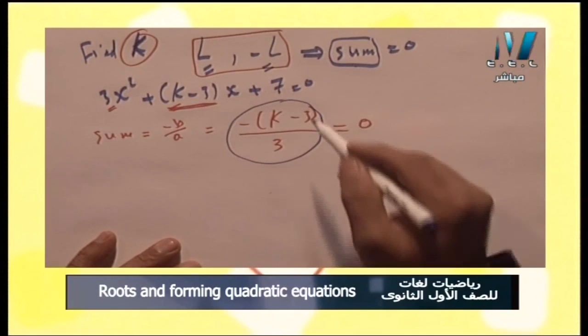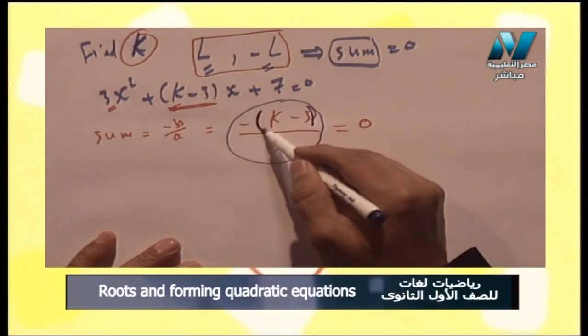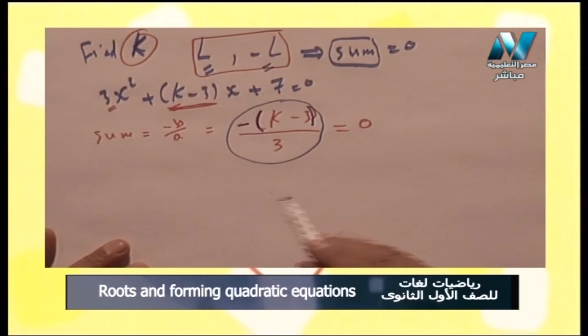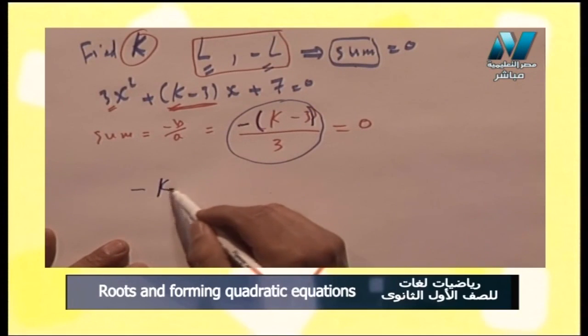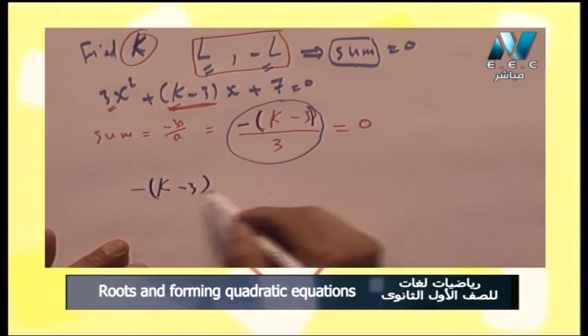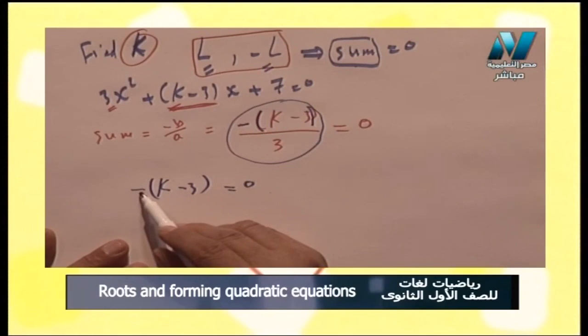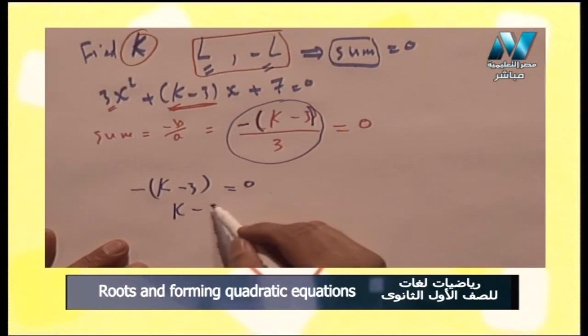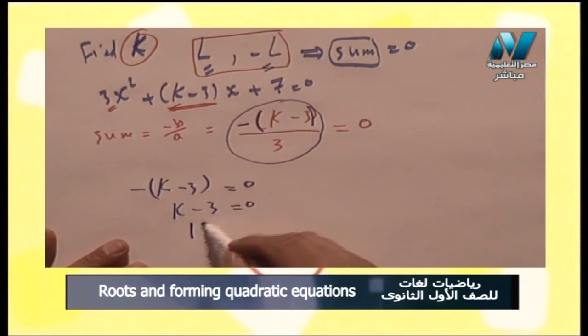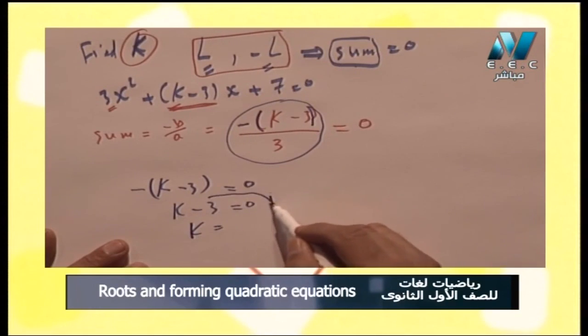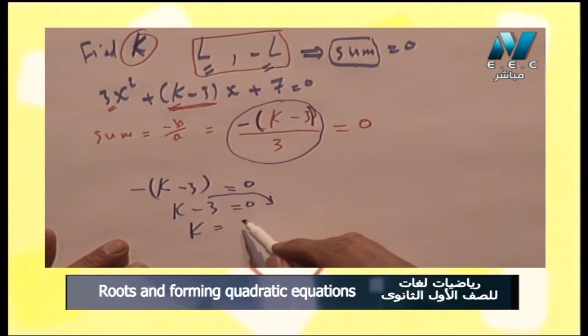It's wrong. But the numerator only here equals 0. So negative (k minus 3) equals 0. Negative multiplied by negative here, so k minus 3 equals 0, and k equals 3 because we transfer negative 3 to the other side, so k will be 3.